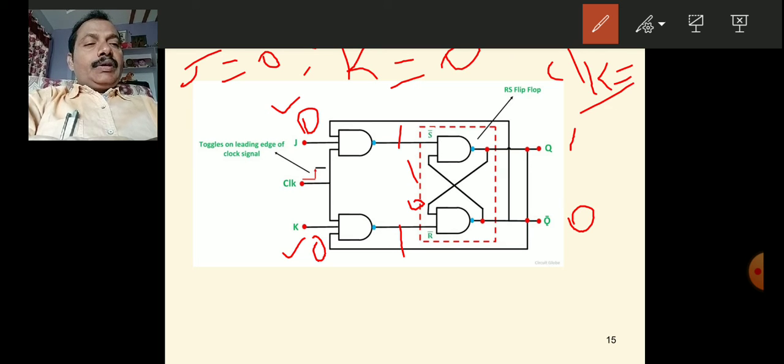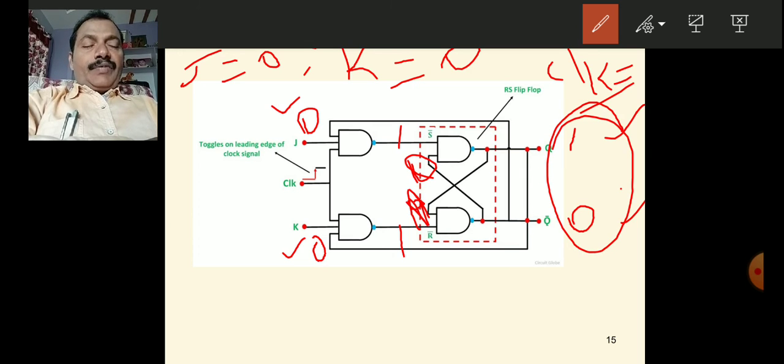This 0 is fed back here, this 1 is fed back here. So 1, 0 gives 1 only, 0, 1 gives 0 only, and 1, 1 gives 0 only. So the flip flop is storing the 1 bit of information whenever its latch inputs are 1, 1, and with actual inputs J equals 0, K equals 0, the flip flop holds its original previous value.